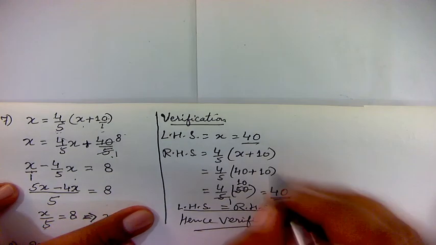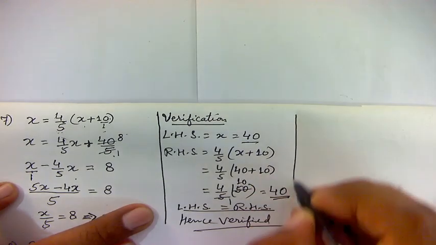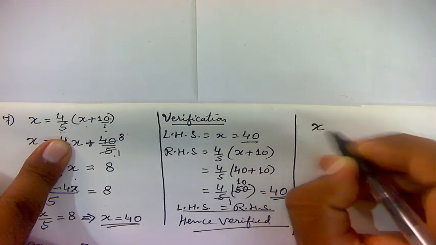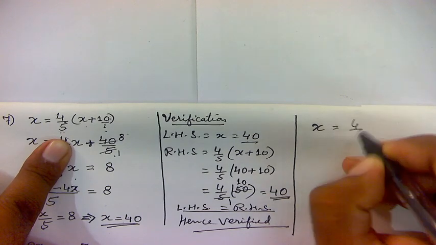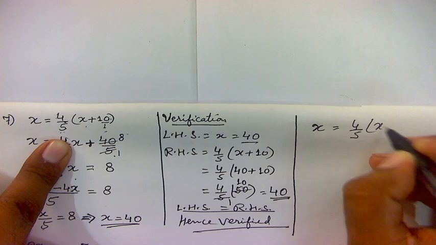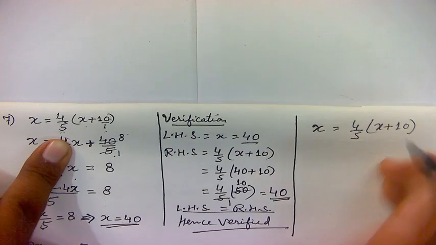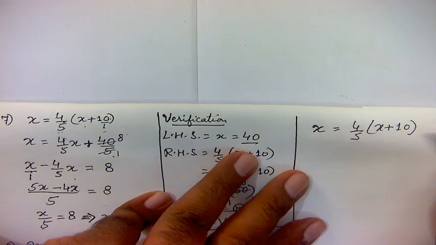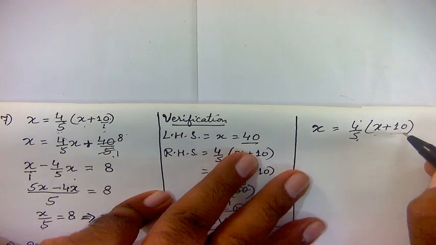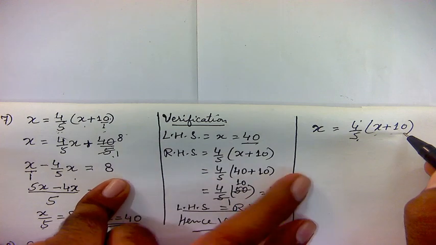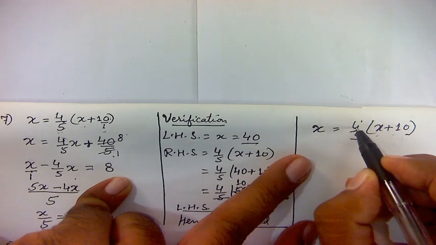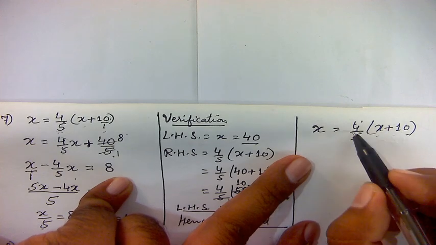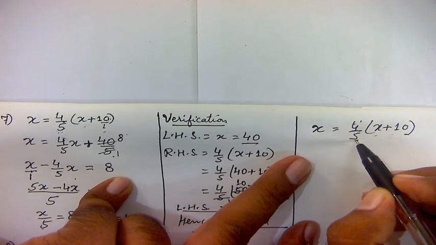Hope this is clear. Now here I'll add one more thing. The same equation, x equals 4 upon 5 multiplied by (x plus 10). See this equation once again. It is 4 upon 5 multiplied by (x plus 10). It means we will multiply (x plus 10) by 4 and this whole will be divided by 5.